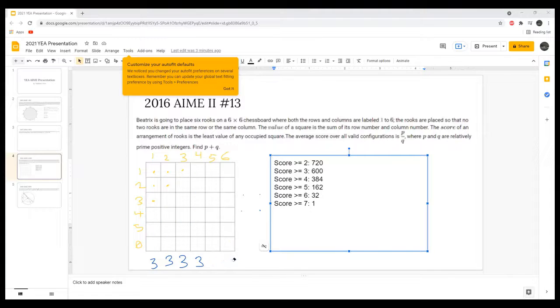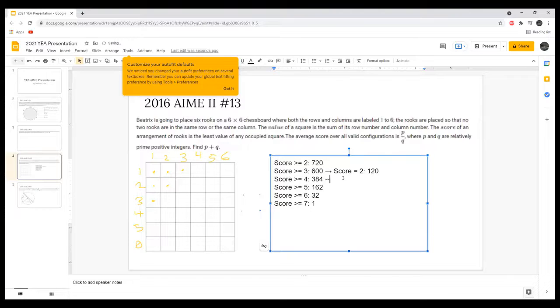All right, so let's go back and find the total number. If the number of configurations of minimum score at least 2 is 720, and the number of configurations of score at least 3 is equal to 600, then that tells you the number of configurations with score equals 2 is equal to 120.